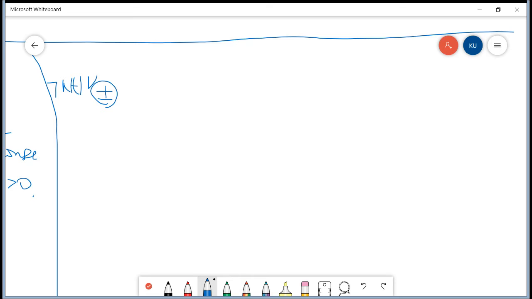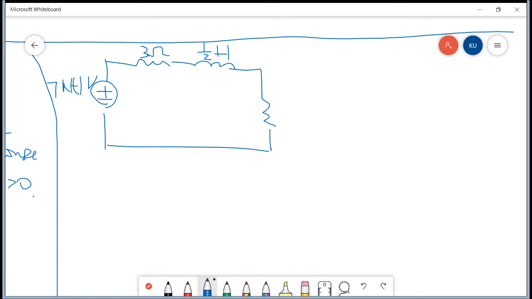Like the last one, u(t) is a step function, so it will be 1 for t larger than 0 and 0 for t smaller than 0. This is 3 ohm. This is half Henry. This is a resistor, 1 ohm.